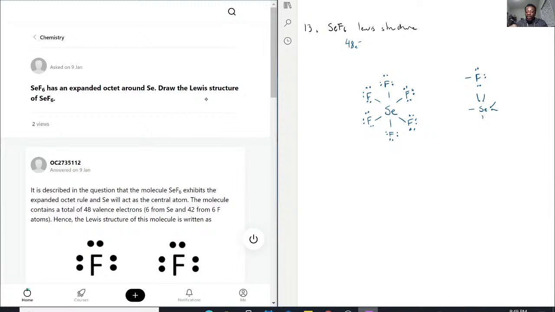But now we can say it has 6 bonds. Okay? And this only works typically with those that can actually expand their octet rule. So selenium also has a formal charge of 0. So this actually would be the Lewis dot diagram for selenium hexafluoride. Okay?